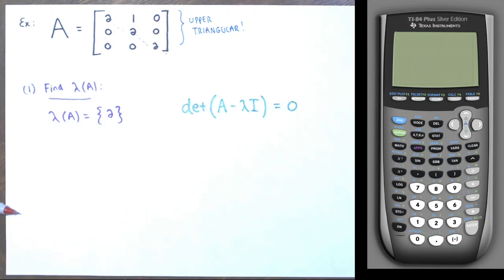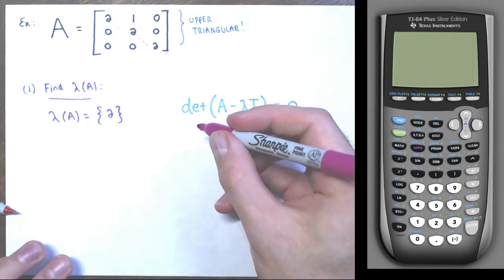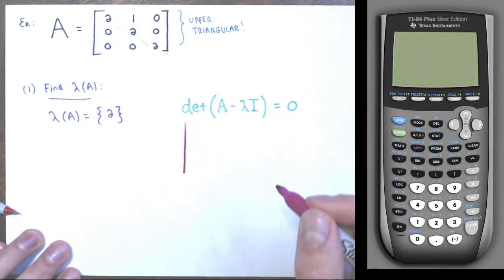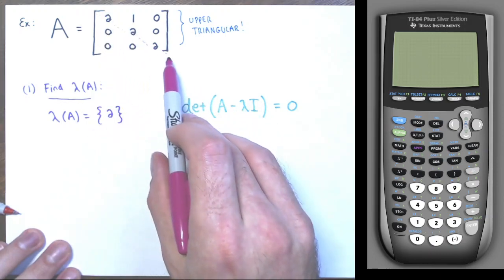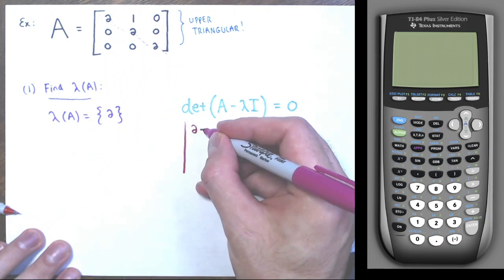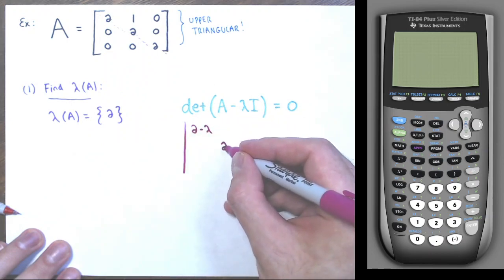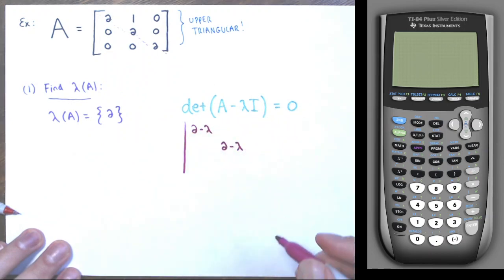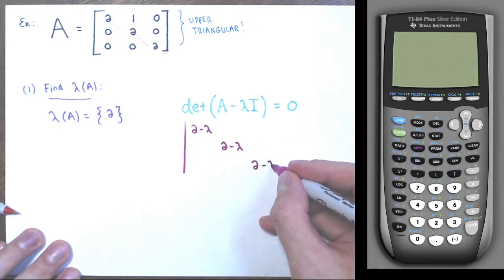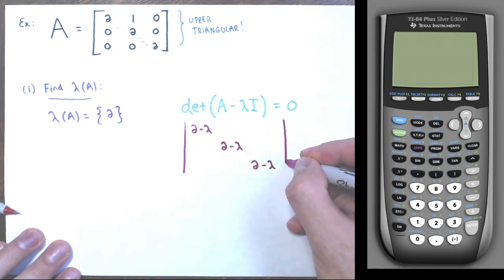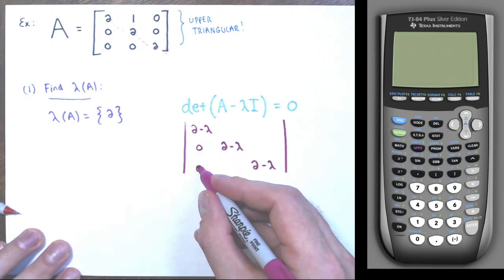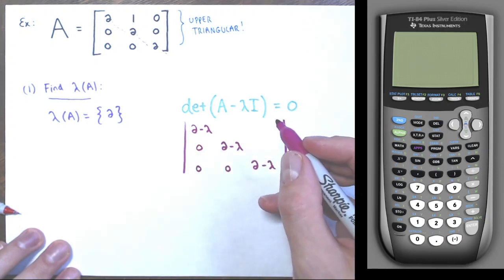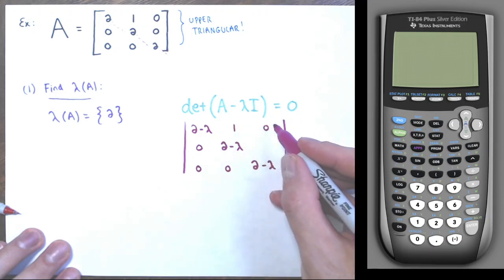This determinant of A minus lambda I would be again a big bar here. Just subtract lambda from the diagonal entries. So we have 2 minus lambda in the first row, first column, 2 minus lambda in the second row, second column, 2 minus lambda in the third row, third column, and then all the other entries stay the same. So zeros in the lower triangle, and 1, 0, 0 here, 1, 0, 0 in the upper triangle.